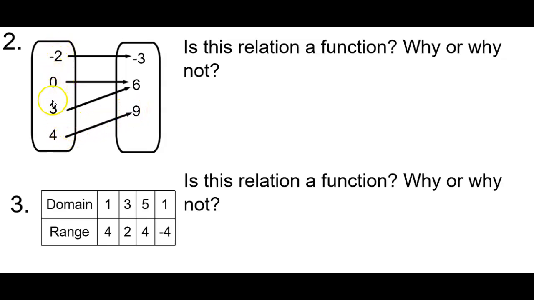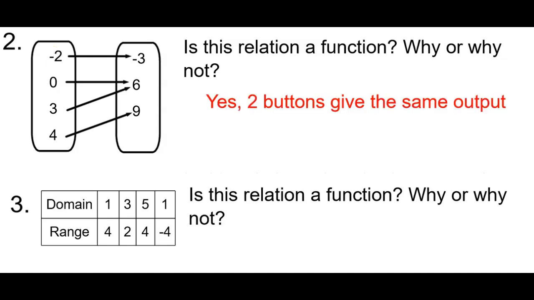Does every single one of these domain have exactly one output? Is this a function? The answer is yes, because each button has one output. Now, these two buttons have the same output, but that's okay. We just can't have the button over here have two different numbers.